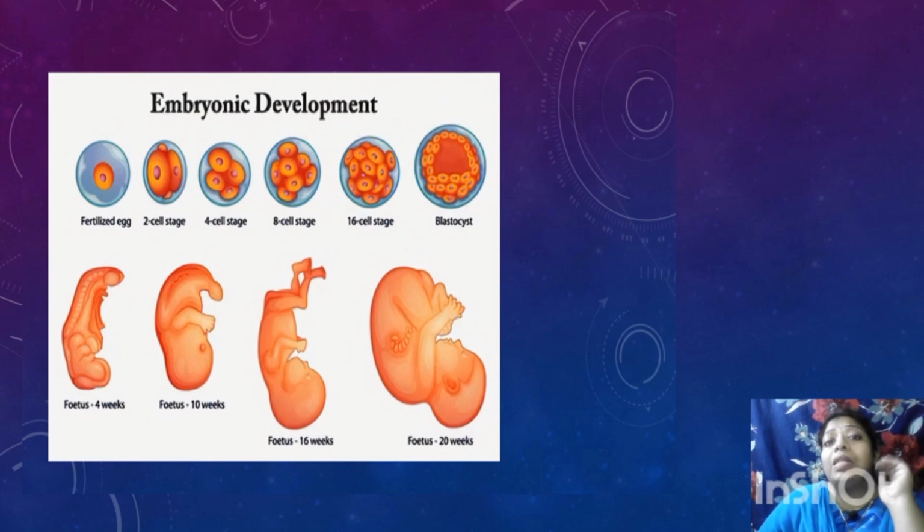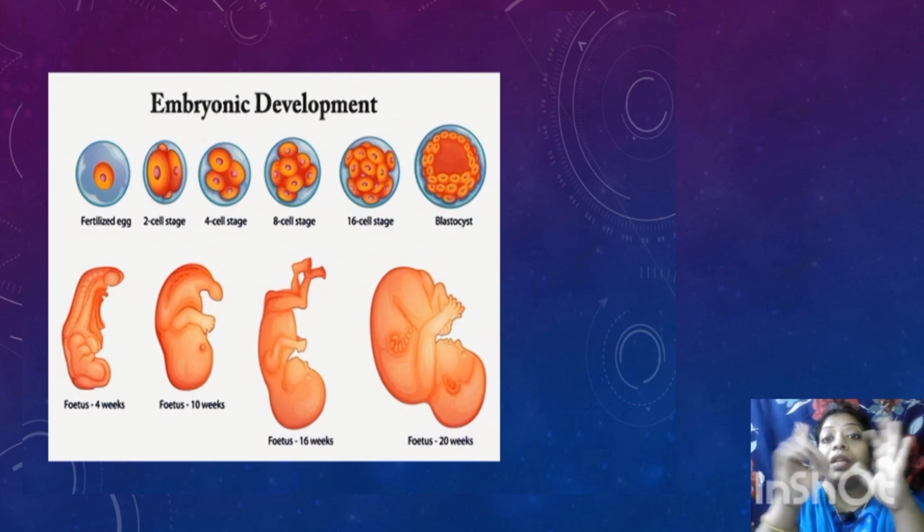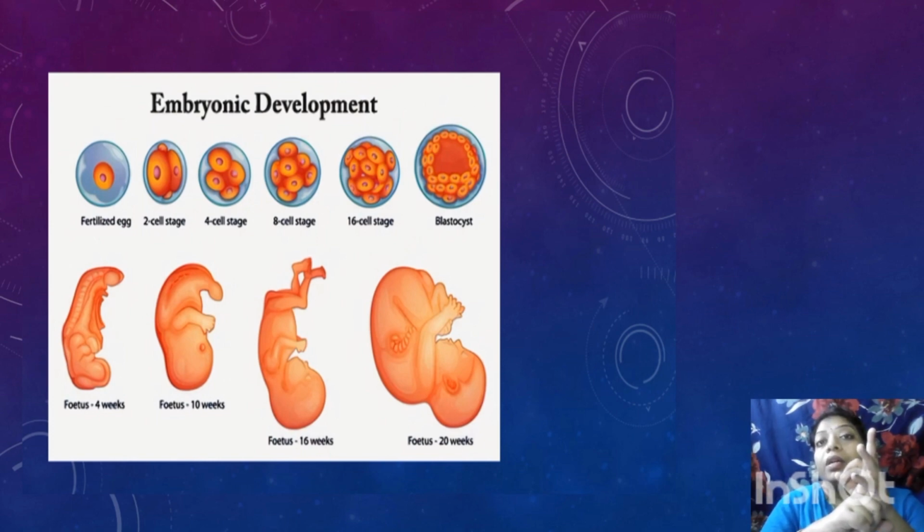Now these cells transform and get differentiated into other organs like the nerves, blood, the bones, the alimentary canal, the muscles, etc. So this is the main feature.